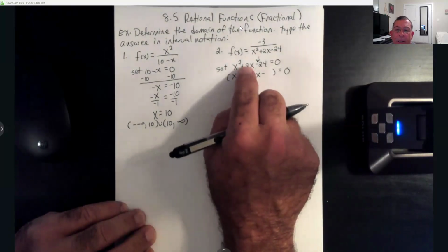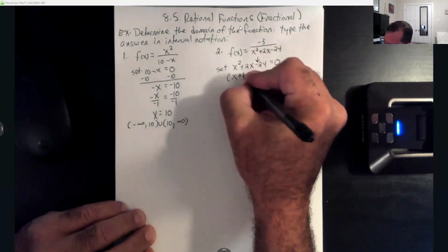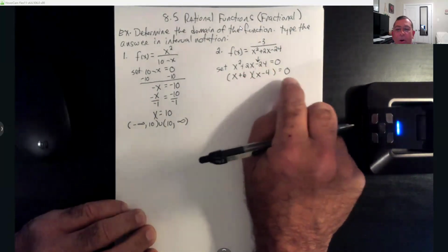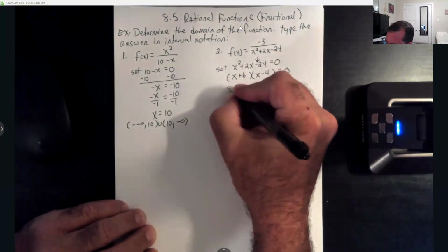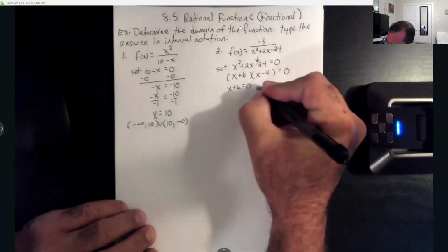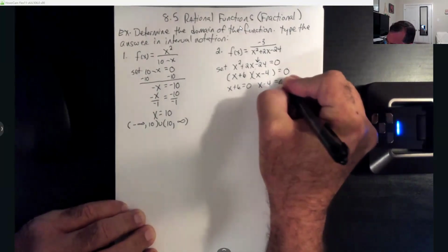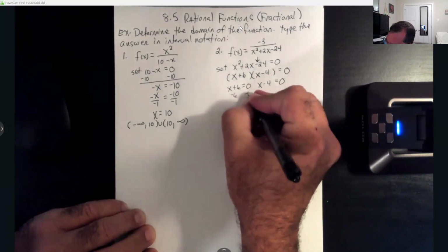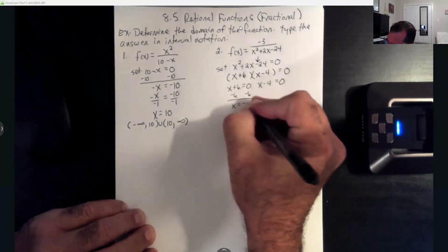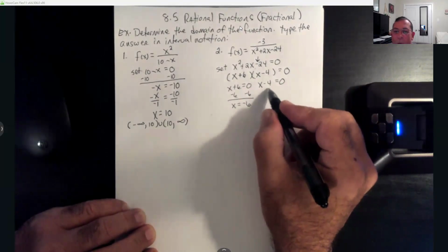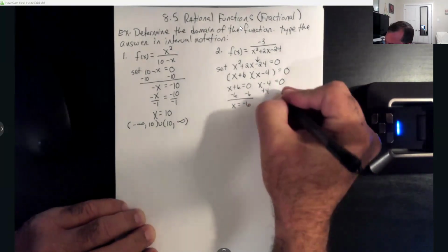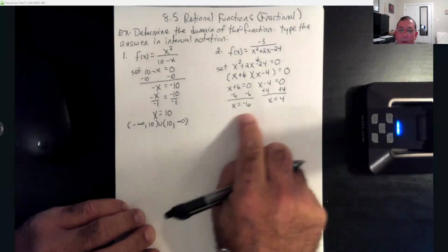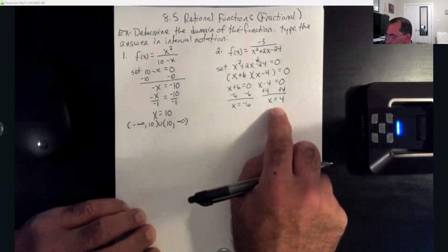So 6 is bigger, it's going to be positive like the middle, and then the 4 will be negative. Then you set both of these equal to 0. For the first one, you subtract 6 from both sides. For the second one, we add 4 to both sides. So the two numbers I'm going to kick out are negative 6 and 4.